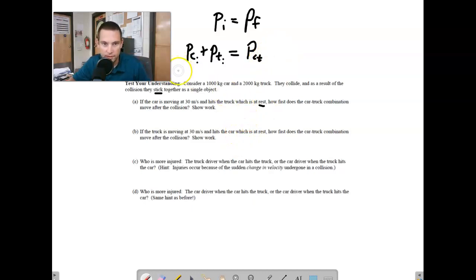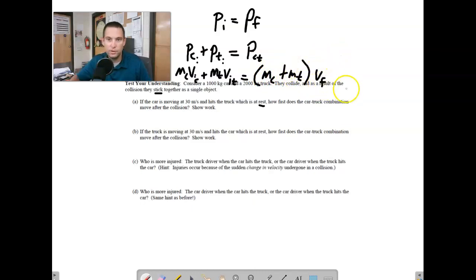Expanded, that's the mass of the car times the initial speed of the car plus the mass of the truck times the initial speed of the truck equals the mass of the car plus the mass of the truck times the final speed. So there's our general equation.